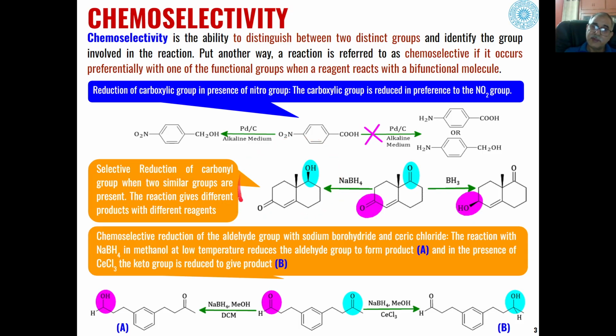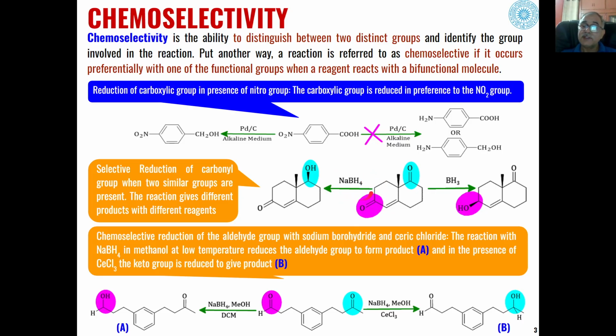For example, if you see this molecule, it has this carbonyl functional group as well as this carbonyl functional group. If you see the structure of the molecule, this carbonyl group is different from this carbonyl group because this is an alpha beta unsaturated carbonyl compound.